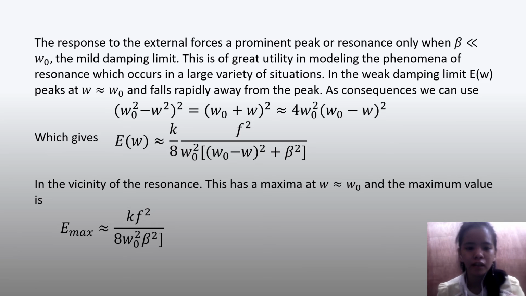A peaks at omega equal to omega 0 and falls rapidly away from the peak. We can use this equation, which gives this. In the vicinity of the resonance, this is a maximum, and you will get the maximum value using this equation.